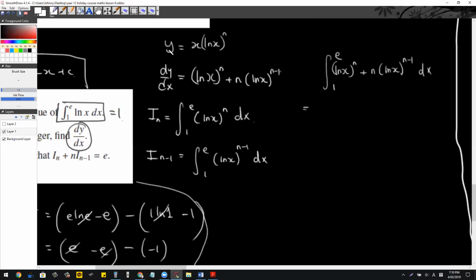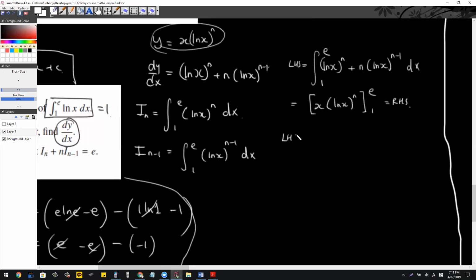But anyway, because the differentiation of this is this, the integration of this and this is equal to just x ln x to the power of n from 1 to e. And so I'm going to say this is the left-hand side, and this is the right-hand side.